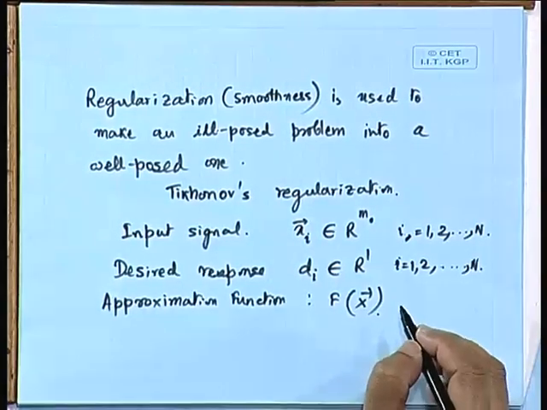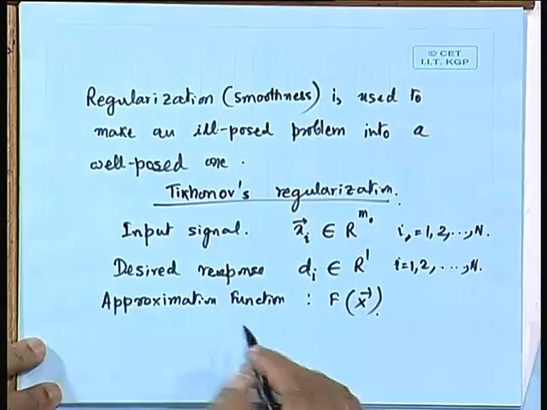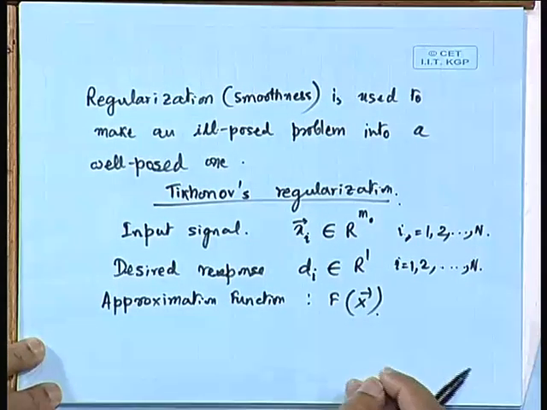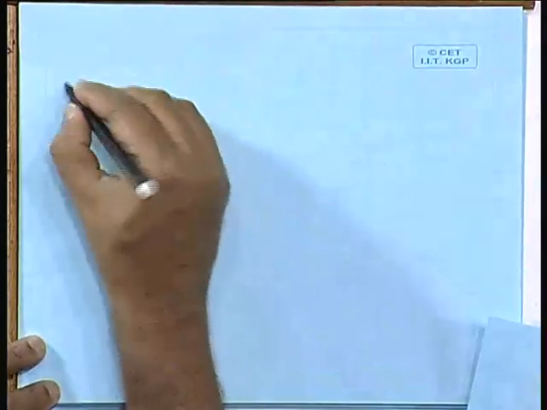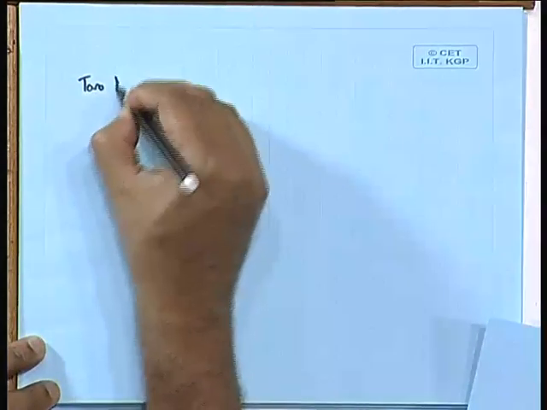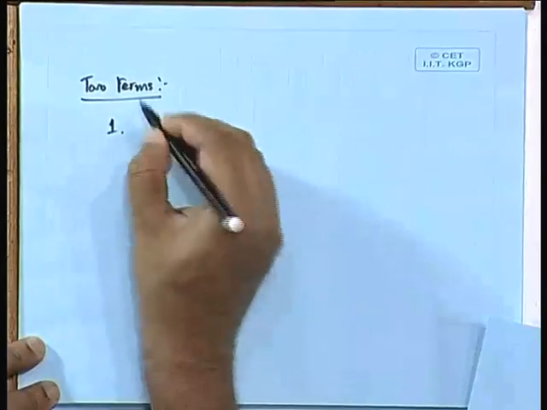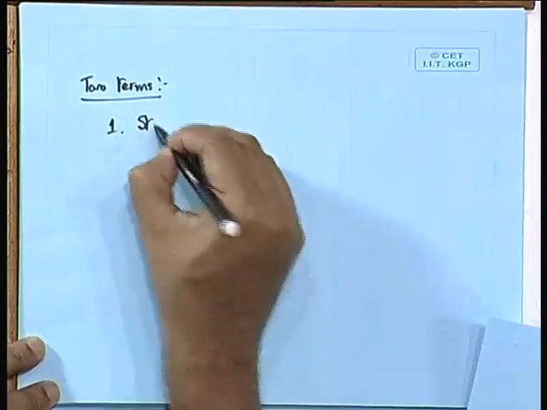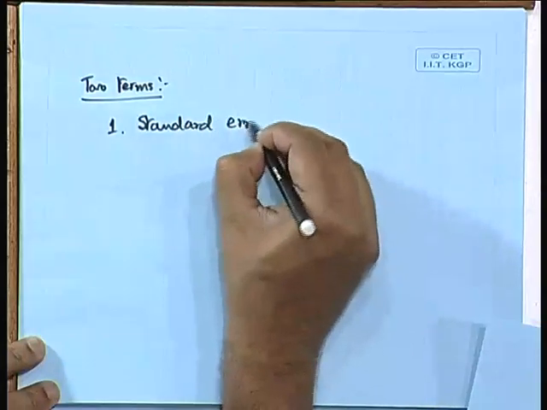Now, Tikhonov's regularization procedure involves two terms, okay. And what are those two terms? Number one is the standard error term, and how are we going to define the standard error?